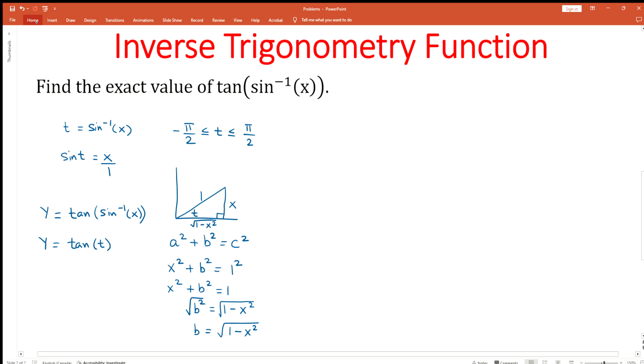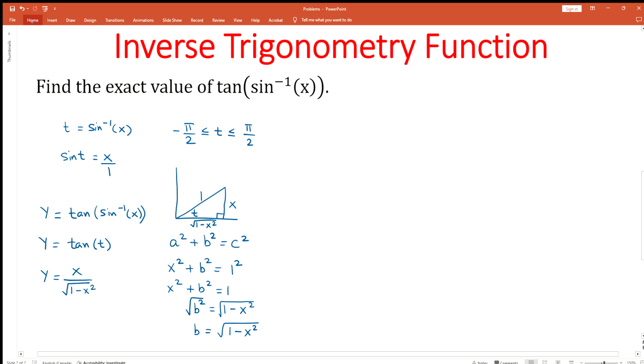Now we can use the triangle to find tan t using the formula for tan ratio. The formula for tan is opposite over adjacent. For angle t, the length of the opposite side is x and the length of the adjacent side is square root of 1 minus x squared.